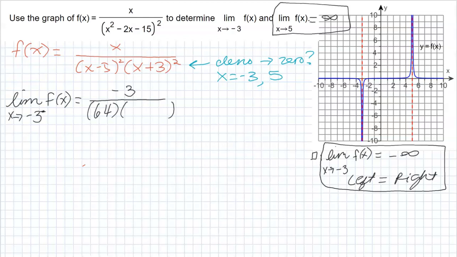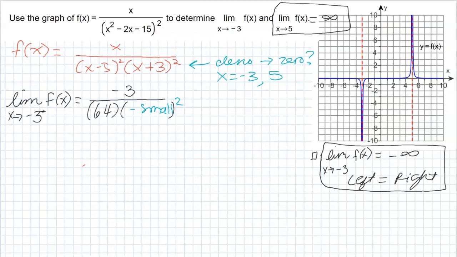Approaching -3 from the left, we're looking at something like -3.00001, for example. Just a tiny bit bigger than negative 3. Plus 3 is going to be a negative small number. But what are we doing to that? We're going to square that. A small number multiplied by a small number is going to be even smaller.